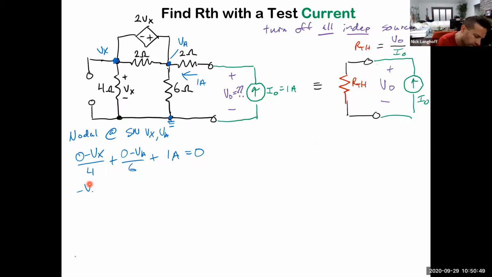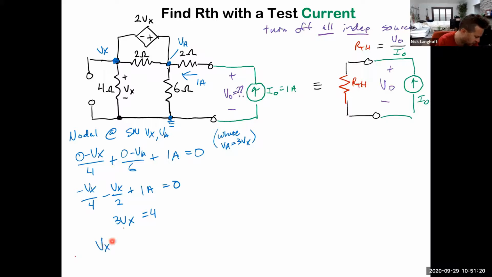So this is a minus VX over 4. Remember that VA is equal to 3VX. So we've got a VX over 4 minus a VX over 2 plus 1 amp, all equal to 0, which gives us an equation that says 3VX equals 4.